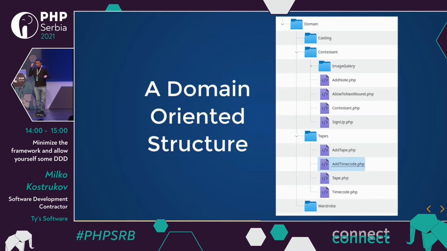So let's check out a domain-oriented directory structure. It's not perfect, but just to give an example, let's run away from the controllers. Let's do a domain subfolder, and this is where we're going to be dealing with the domain stuff that we have. We can have different directories for the different bounded contexts, and we can name our files after what they're actually doing in their domains.